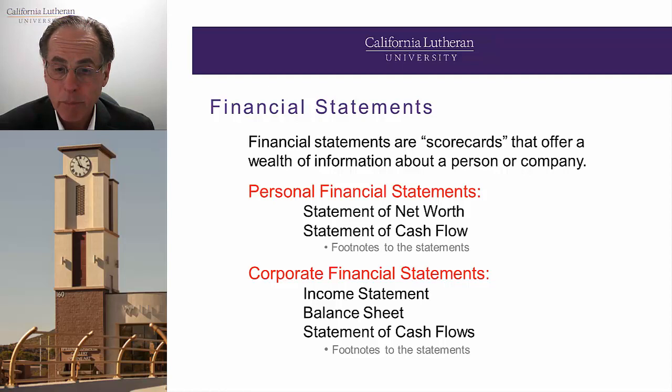Footnotes often accompany both personal and corporate statements. The footnotes contain additional details about statement line items. While the two sets of statements aren't identical in name or number, they essentially offer the same information. We'll explore the information contained in the personal financial statements as we proceed through this lesson.